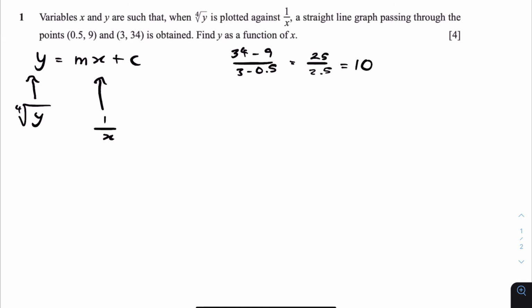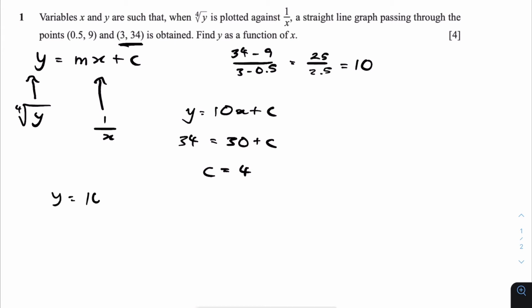So our gradient is again 10, which is very coincidental actually, because I haven't seen these problems before. So y is equal to 10x plus c is our equation so far. Now let's substitute one set of coordinates in. Let's do this one. So 34 is equal to 10 times 3, which is 30, plus c, so c is equal to 4. So our linear equation is y equals 10x plus 4, but our actual equation is the fourth root of y is equal to 10 over x plus 4.